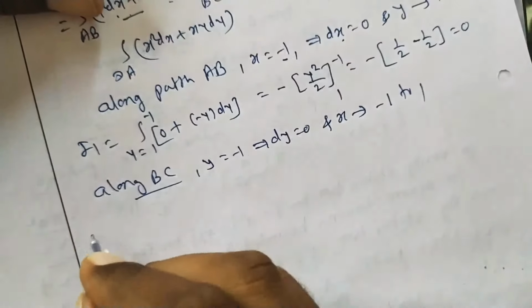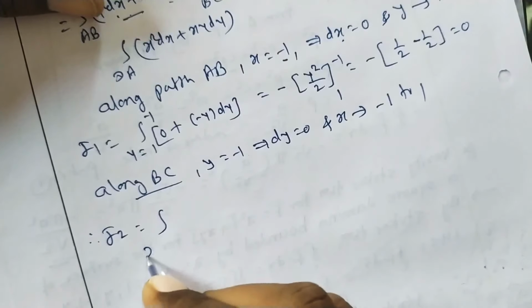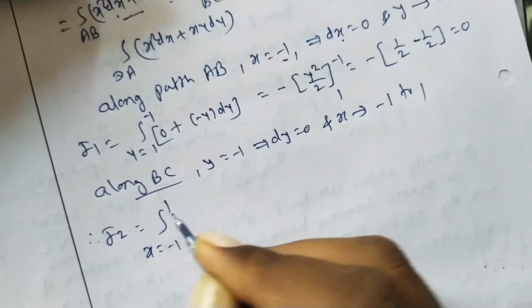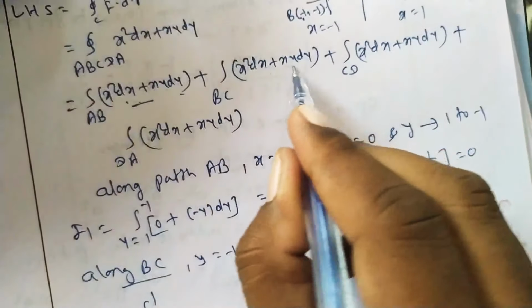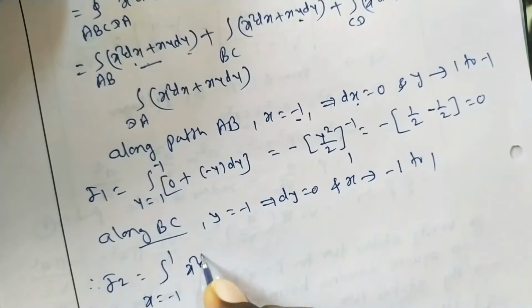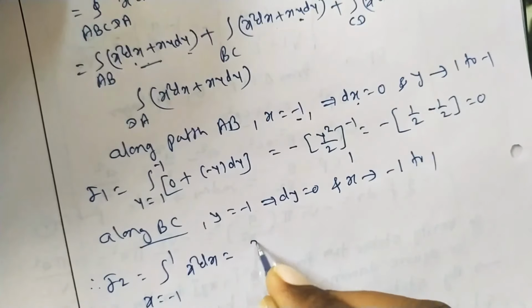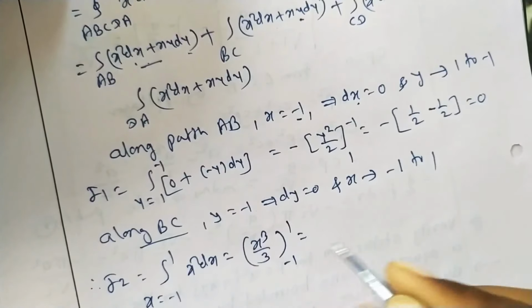Therefore I2 is equal to the integration with x varying from -1 to +1, y equal to -1, dy equal to 0. If you put it here, this term is 0. x square dx is there only. And what is the integration of x square? That is x cube by 3, limit varying from -1 to +1.